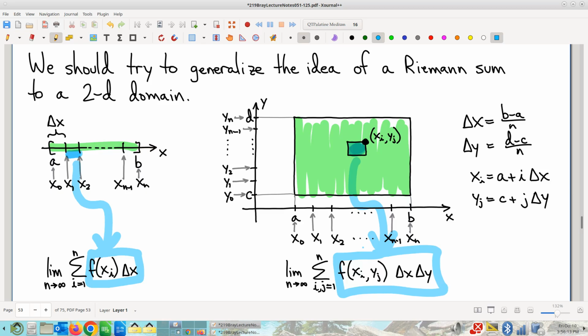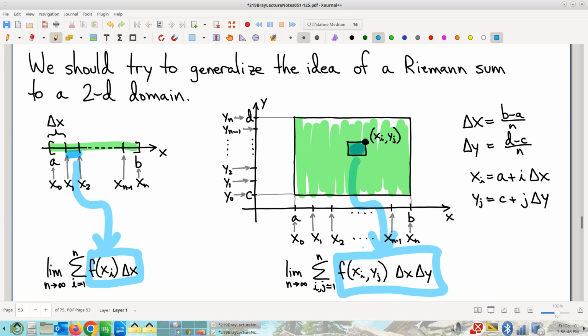Now area, because they're two-dimensional, they don't have a length, they have area. If you're looking for volume under a graph, then it would be height times area. If you're looking for mass, it would be mass per unit area times area. If you're interested in the population of the state of Colorado, then it's people per unit area times area. Whatever.